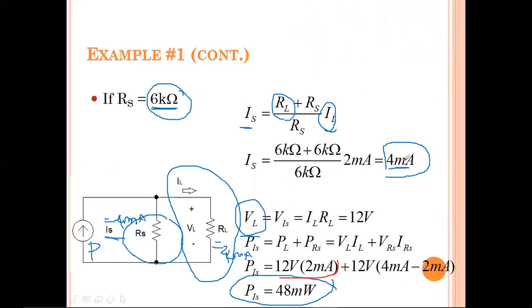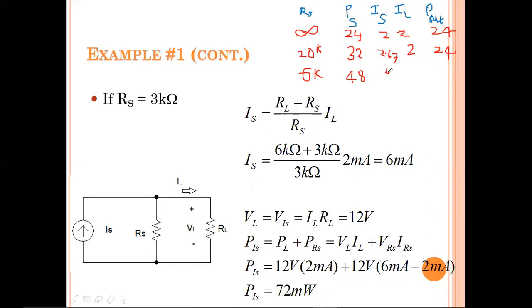IS also changed to 4 milliamps, but my output or load current is not changed, 2 milliamps only. Since the output current has not changed, the power at the output load is also not changed, 24 milliwatts. Now the last point is 3 kilo ohms.